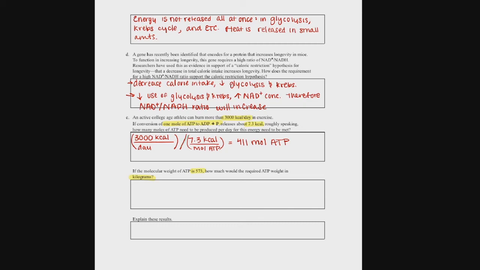So when we're dividing these two, kcal cancels out. And I know this is 3,000 kcal per day, but it's also just asking, yes. So yeah, that's a better way to write this. What we're really asking is just 3,000 divided by 7.3, and that's going to get you the moles of ATP.